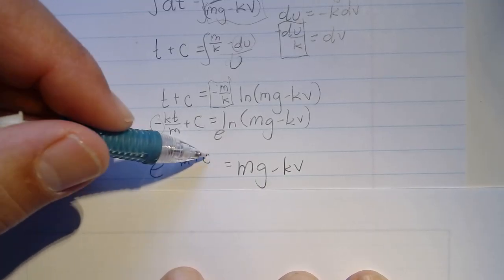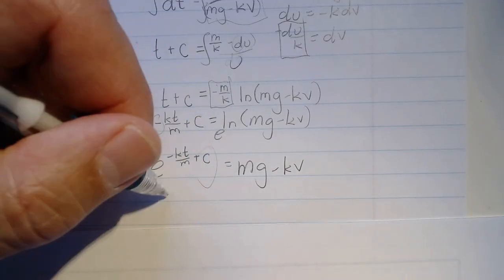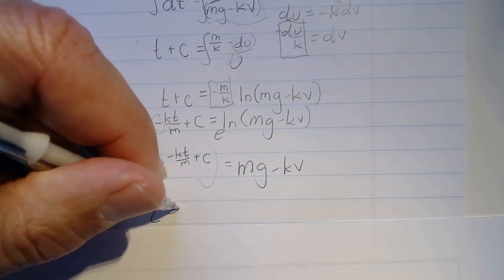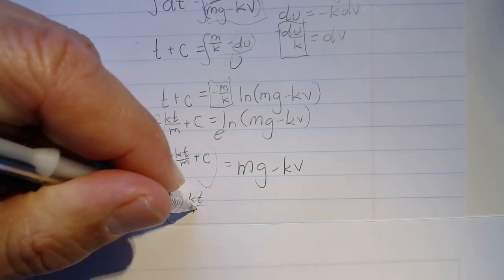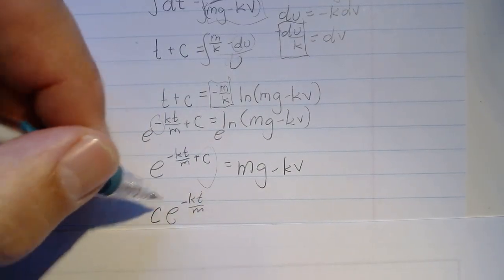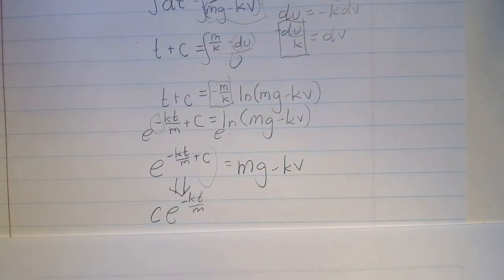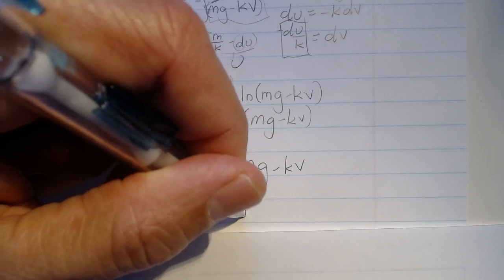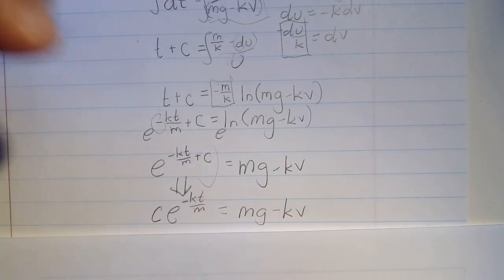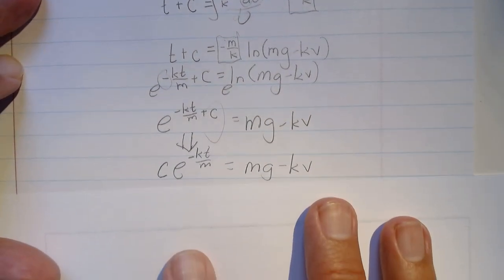Well, e to the c is just a constant. So I just generally rewrite this as c times e to the negative kt over m, a different constant. Okay, so I'm getting a lot of different constants. So make sure you can do that very quickly. You don't want to be thinking about that too much. Equals mg minus kv.